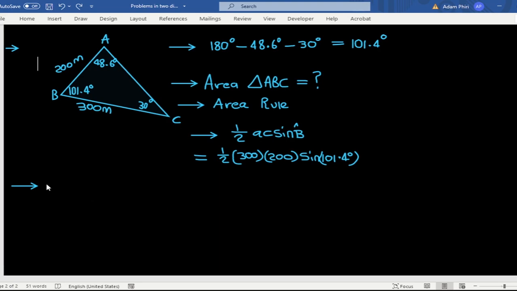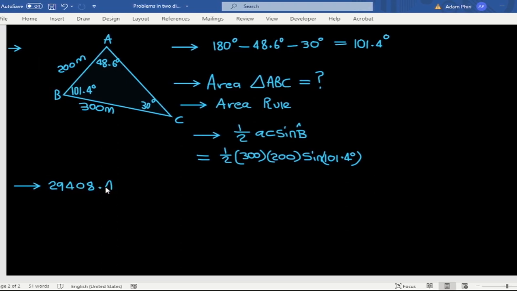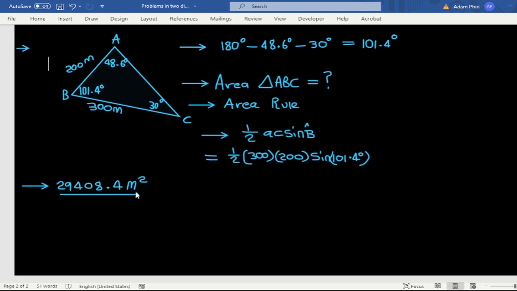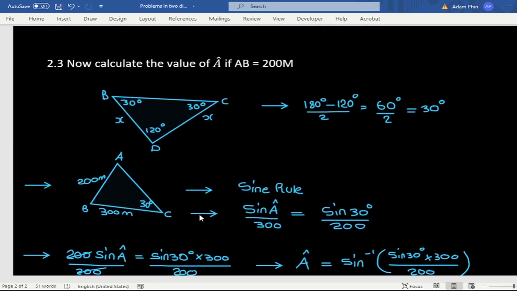Just confirming the sides again, that gives us 29408.4 meters squared. So that is our answer for triangle ABC.